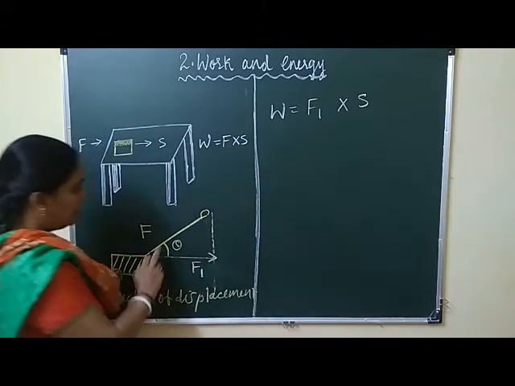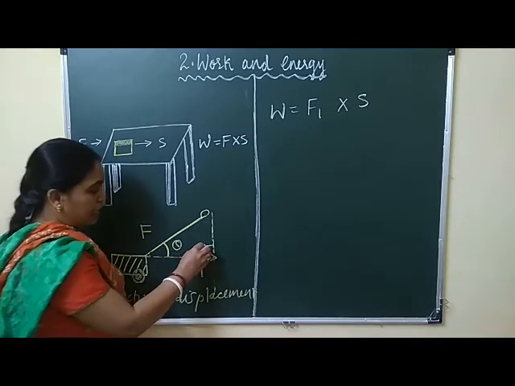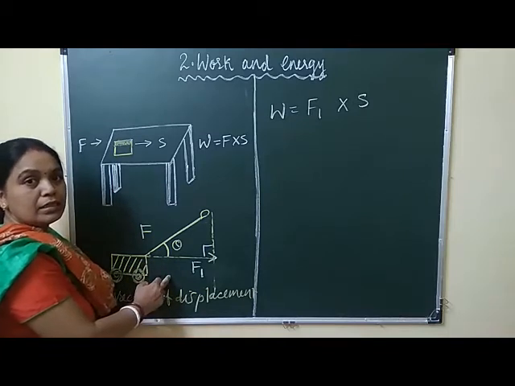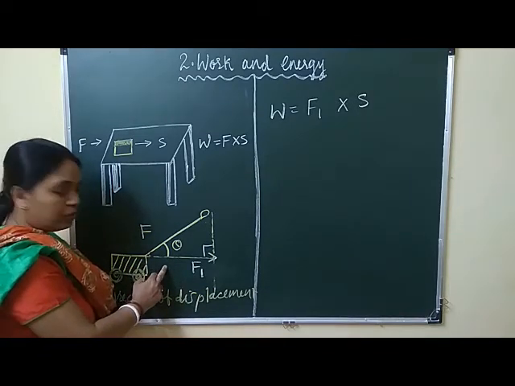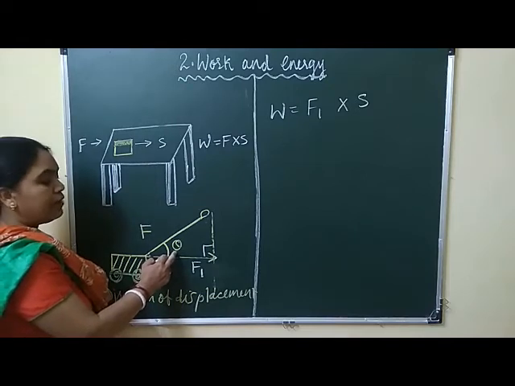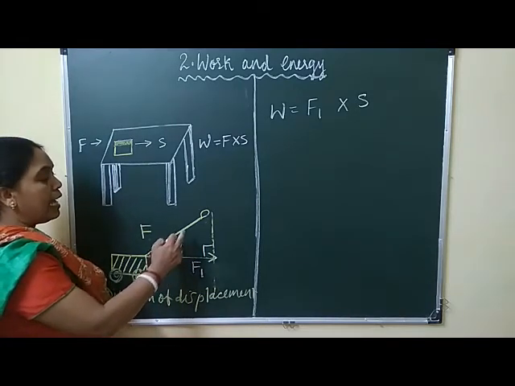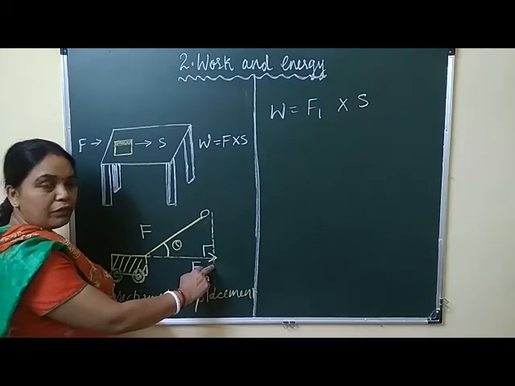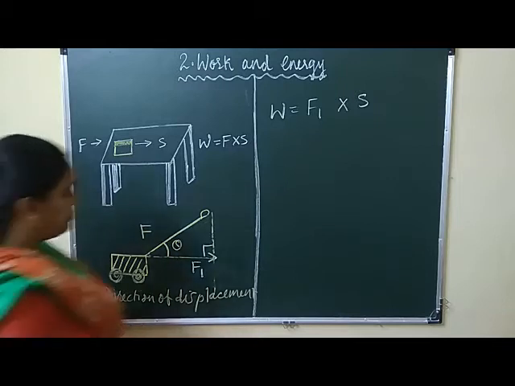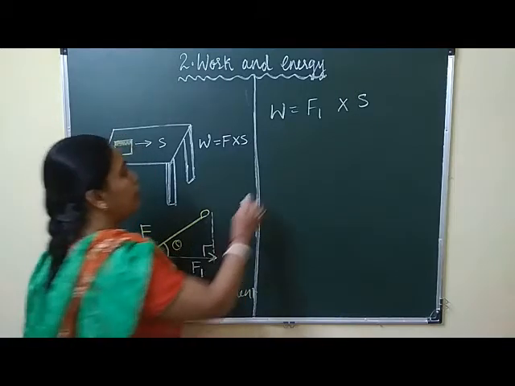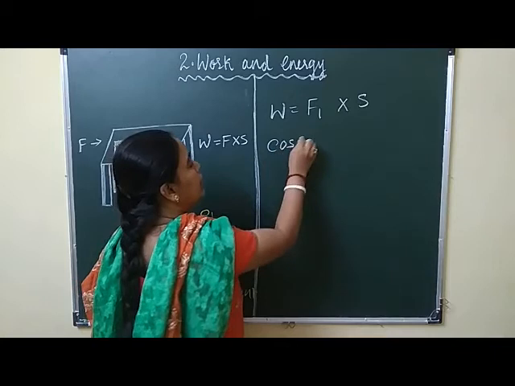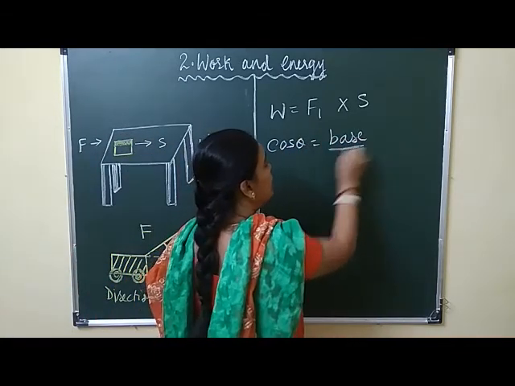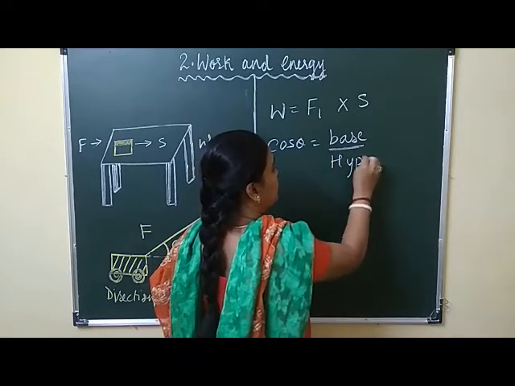For this, you can see it is making a right angle triangle. So we can use the rules of trigonometry, where theta is the angle made by the string to the actual direction of the force. So cos theta is base upon hypotenuse.